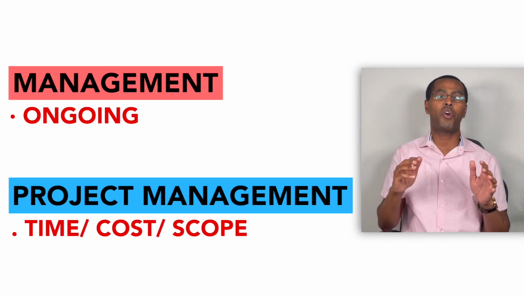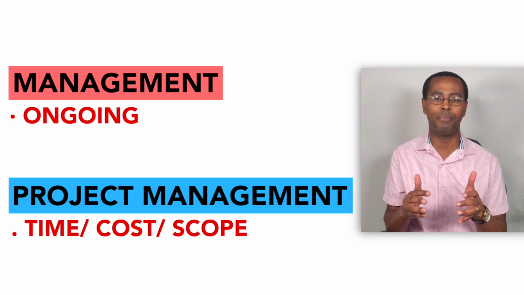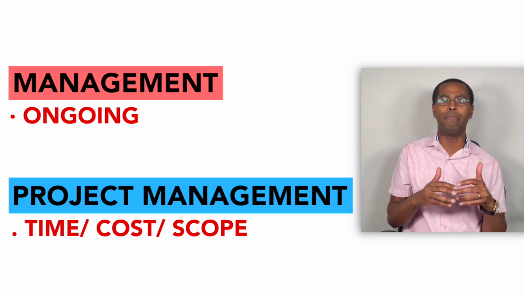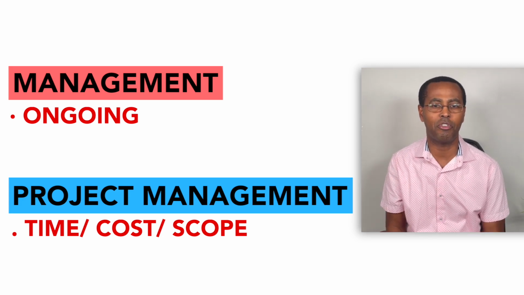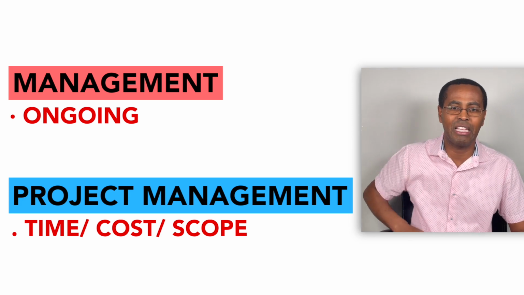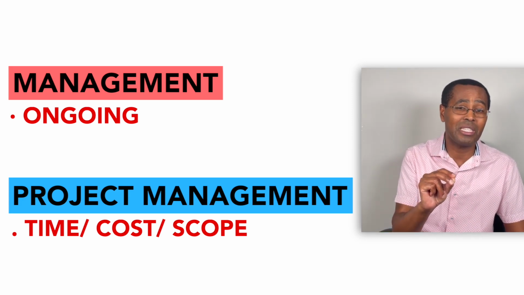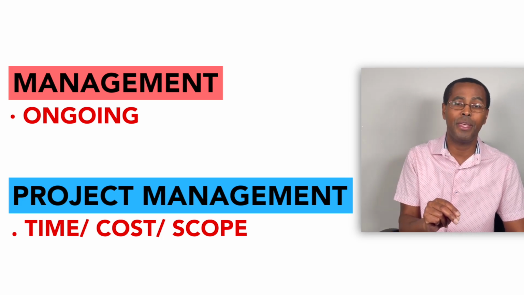Or we are going to take the interns through an internship program, an orientation program. The program may be for 5 days. It may take place in Las Vegas or in New York. So there is a specific budget, a specific time frame, and there is scope.